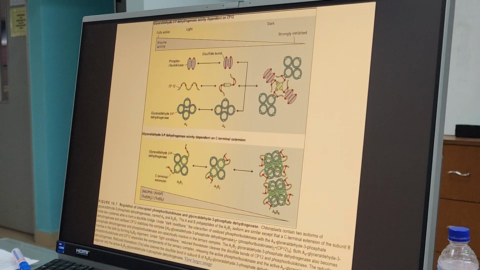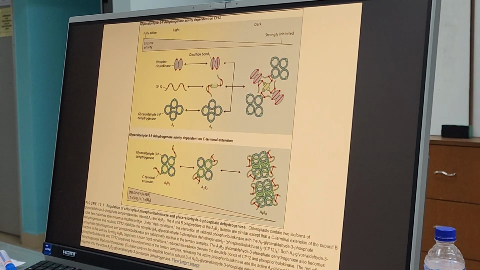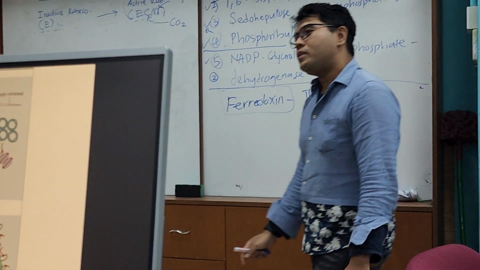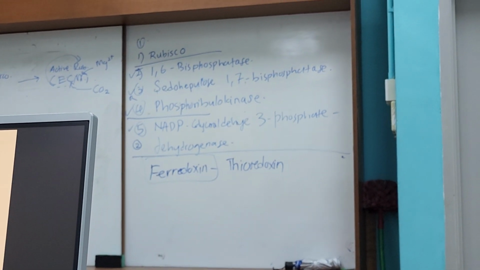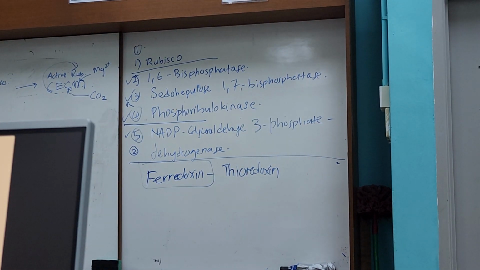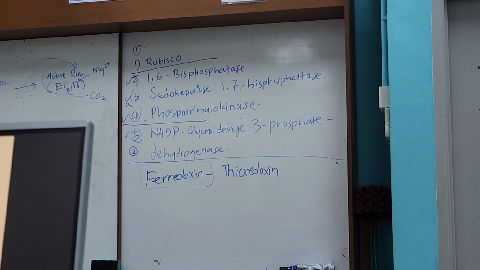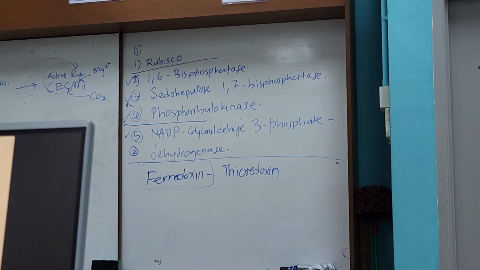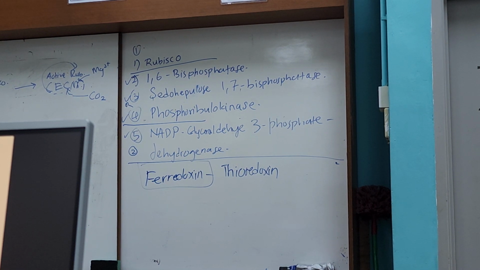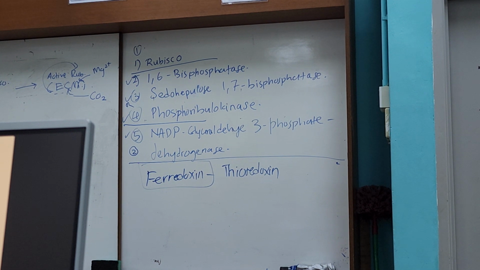It's actually still the story of these guys, this light activated enzyme. You see, this enzyme, in addition to needing to be activated by thioredoxin, another thing also needs to happen, because they are sticky.